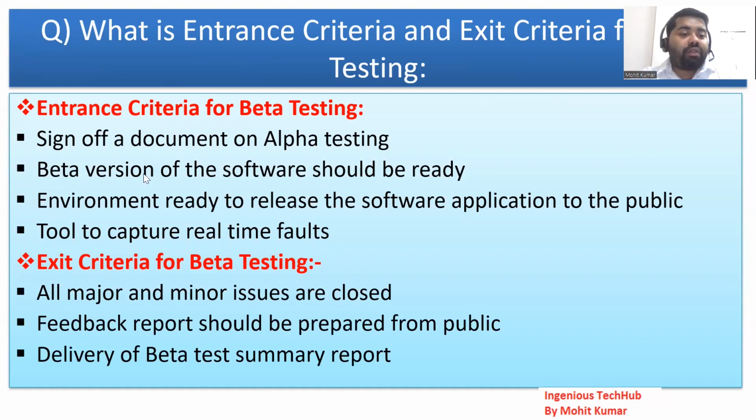Okay, the beta version of the software should be ready. So we can say to our customer, hey, this is the beta version. If you are finding anything or have any feedback, we can take the feedback from the customer or users. The environment should be ready to release the software application to the public. Tools to capture real faults, okay, so some tools are also there.